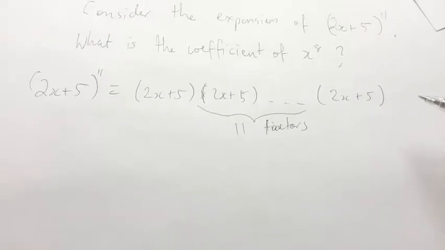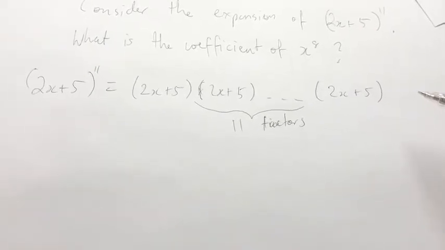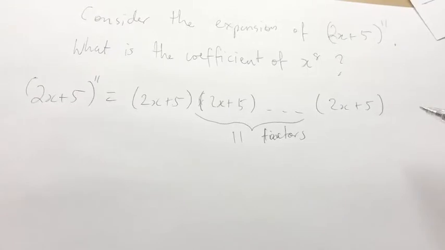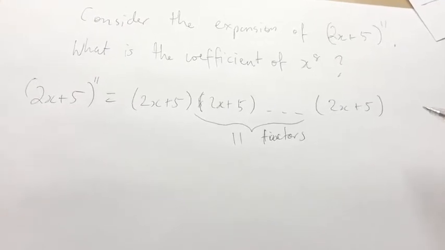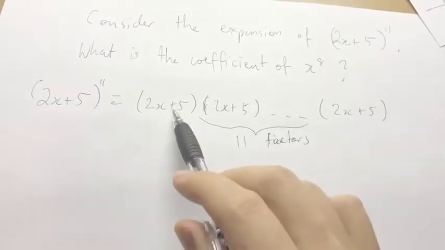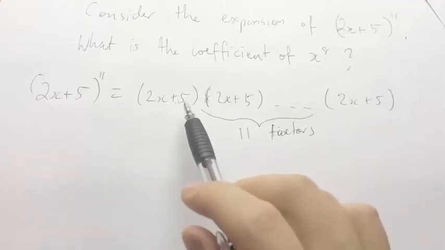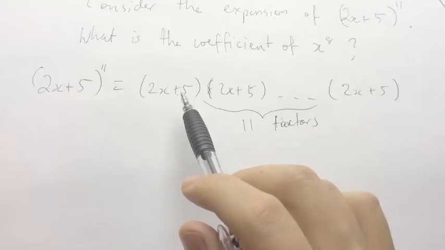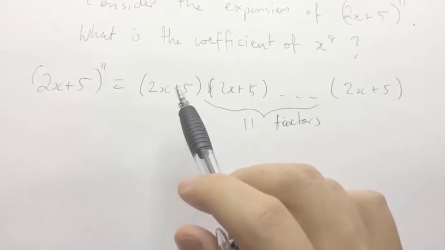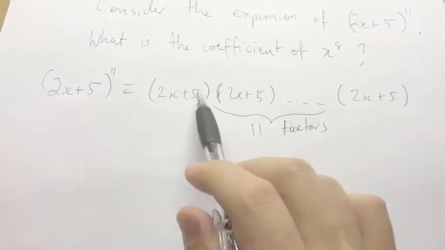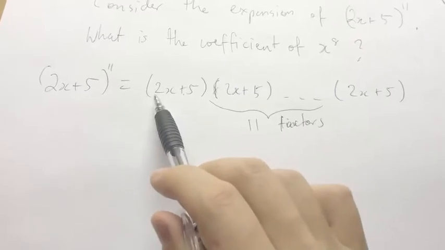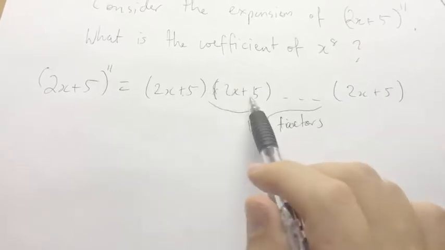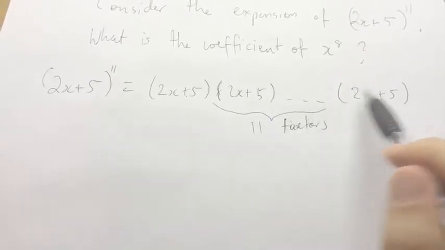And each term in the expansion, before you collect the like terms, there'll be 2 to the power of 11 terms, because each term can be gotten by choosing one of the terms in these brackets, multiplying with one of the terms in these brackets, and so on.